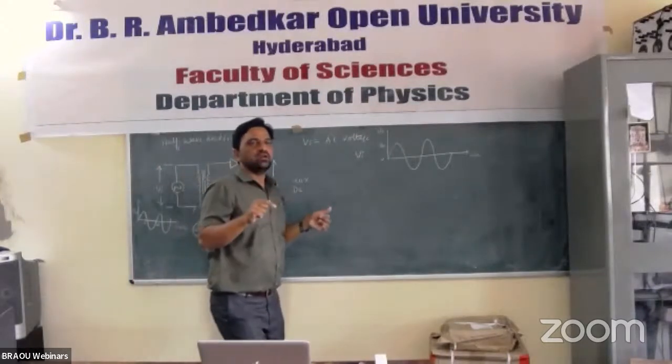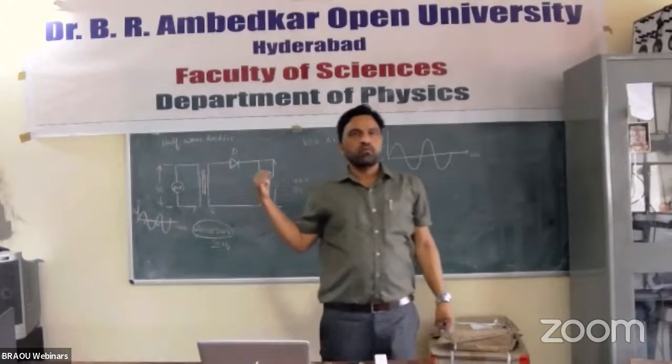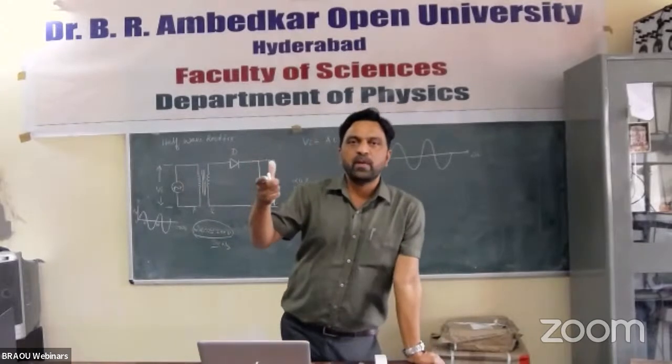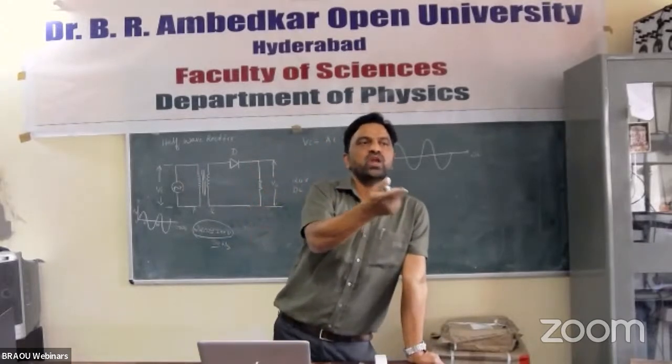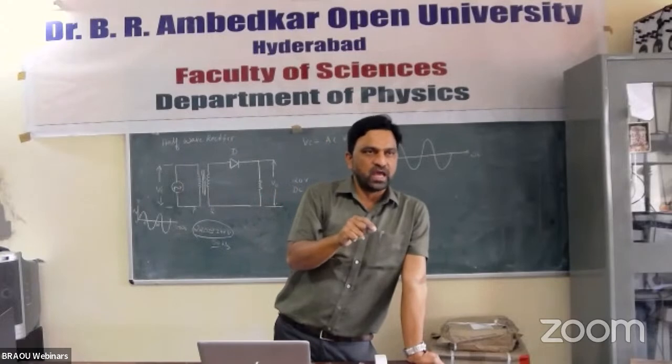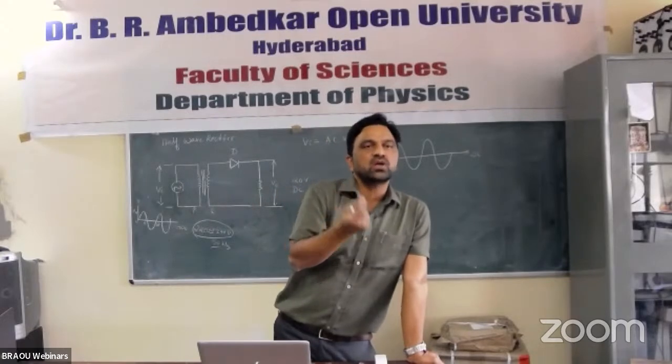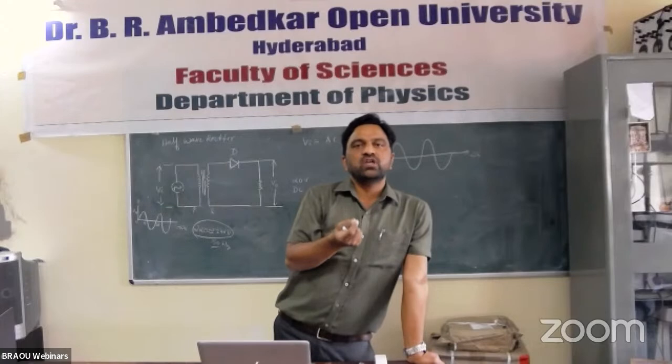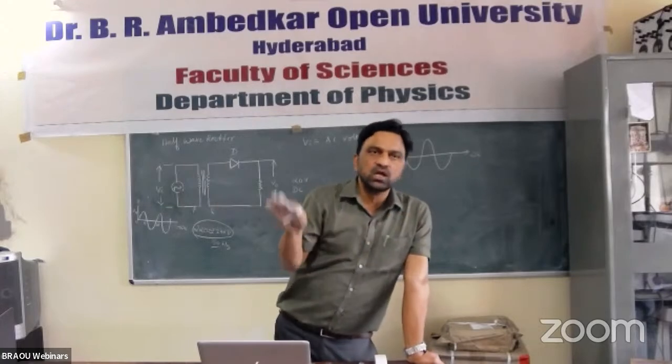What is the diode function? As we have seen, it may be in forward bias mode or reverse bias mode. In forward bias mode, the diode conducts current. In reverse bias mode, it does not conduct current.